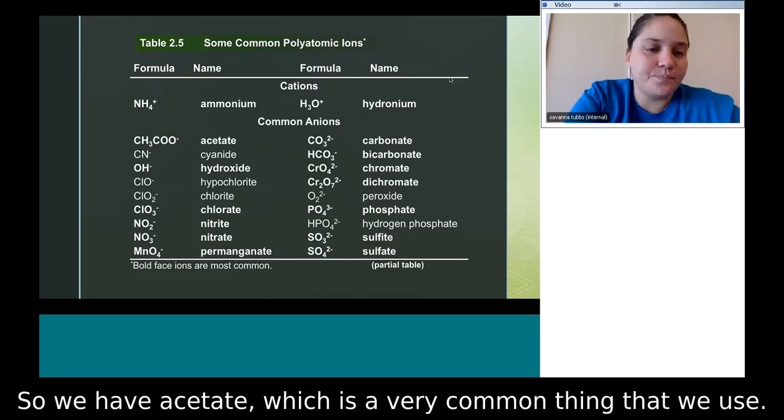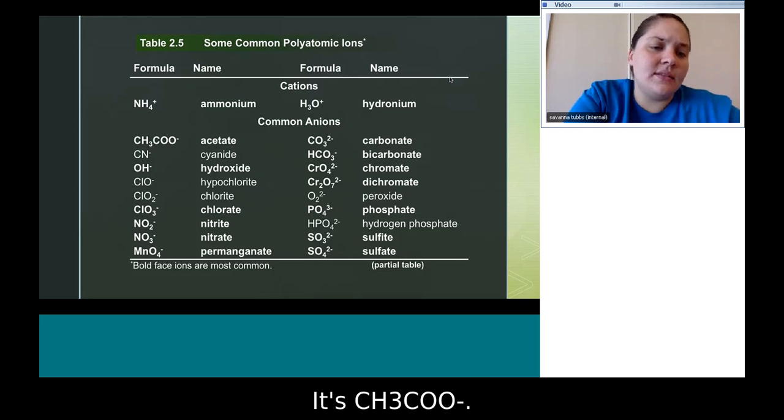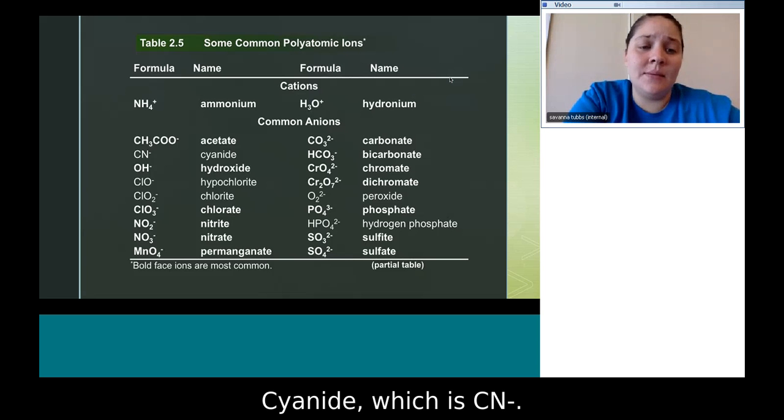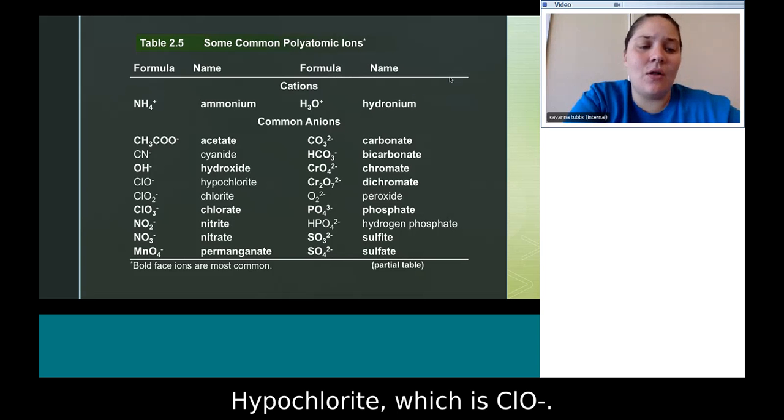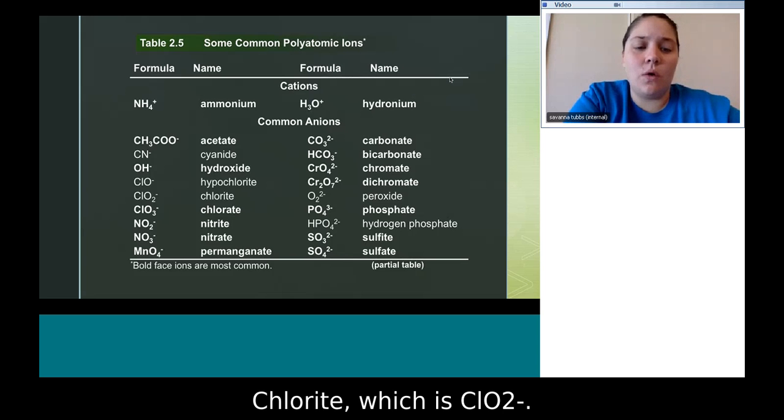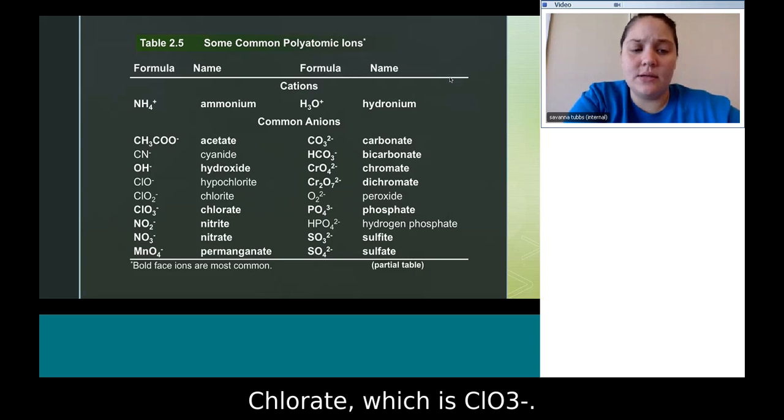So we have acetate, which is a very common thing that we use. It's CH3COO-, cyanide, which is CN-, hydroxide, which is OH-, hypochlorite, which is ClO-, chlorite, which is ClO2-, chlorate, which is ClO3-.